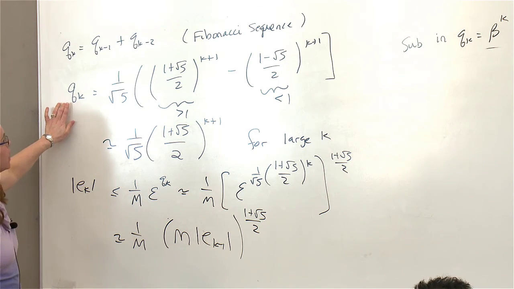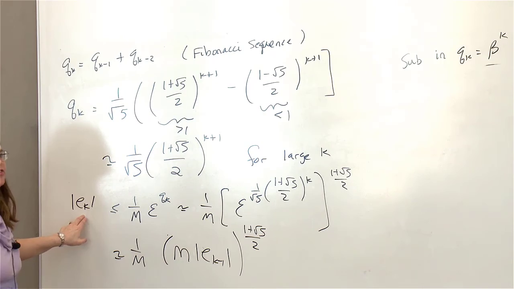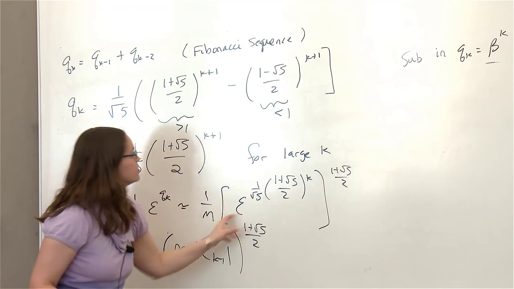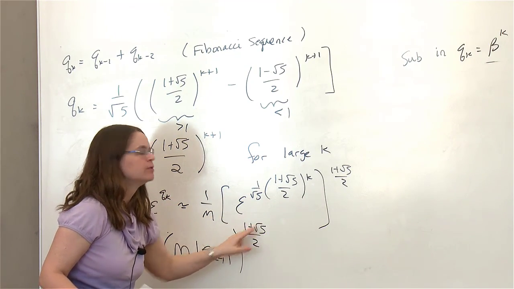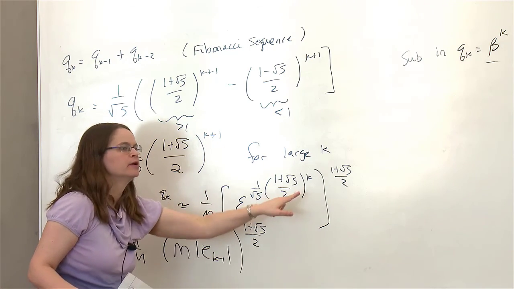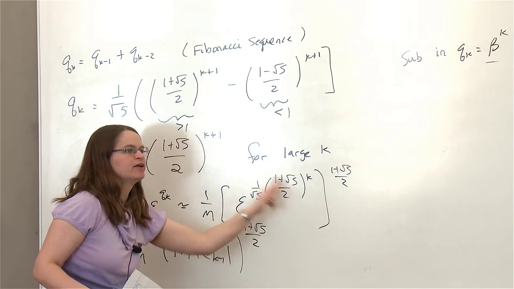So epsilon to the q_k is approximately equal to the kth error. This is epsilon to the q_{k-1}. All I've done is drop the k by 1. This is approximately equal to the (k-1)th error.